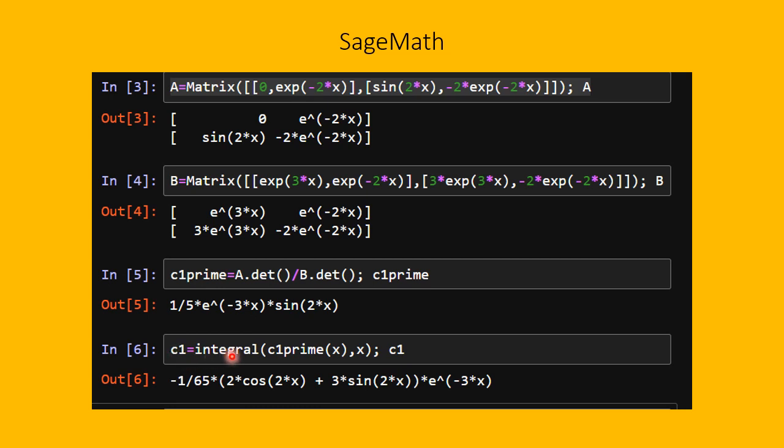C1 equals the integral of C1 prime of x with respect to x, and then let's print out what C1 is. And it turns out that C1 is minus 1/65 times the following stuff. 2 times cosine 2x plus 3 times sine 2x, all that stuff, and then a second factor, times e to the minus 3x.